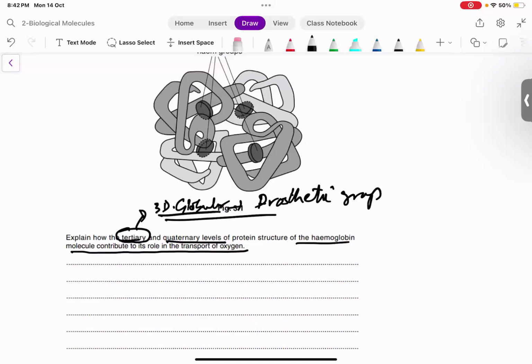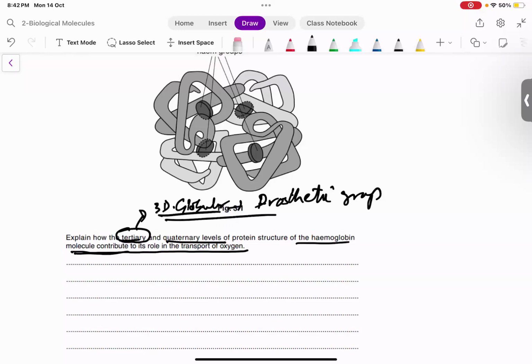And you can say there are 4 polypeptides in it. So there are 4 heme groups there. So 4 oxygen molecules combine with the 4 prosthetic groups or 4 iron atoms present in this hemoglobin molecule.